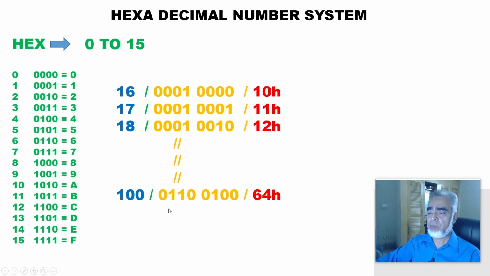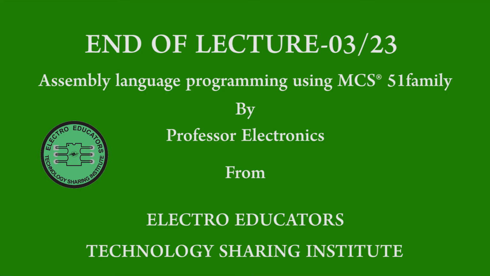Here we have 6 and 4, so we write 64H. In the hexadecimal number system we use A for 10, B for 11, C for 12, D for 13, E for 14, and F for 15. So we can convert numbers between the decimal, binary, and hexadecimal number systems.